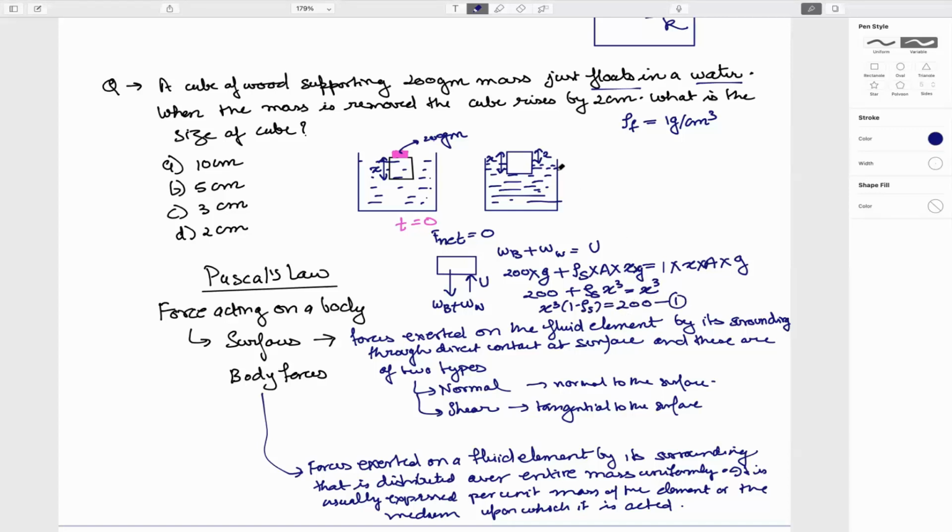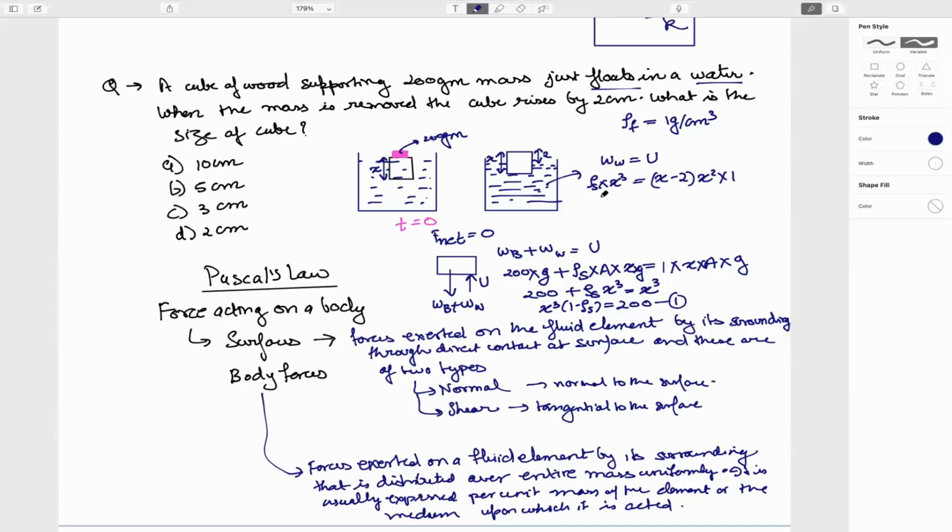That is the first equation. If you make a free body diagram for the second case, now this weight is removed. So just the weight of wood is balanced by the upthrust. The weight of wood is rho solid into x cube, and upthrust is (x minus 2) into area, area is x square, into rho fluid, that is 1, and g will cancel out.